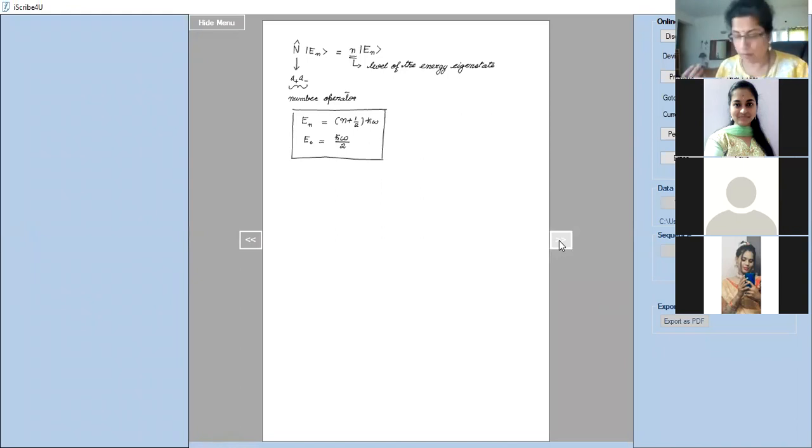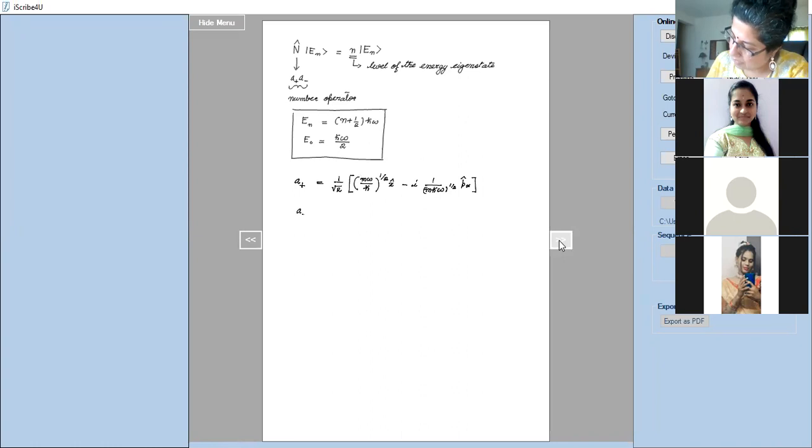How do you do it? Okay. So I want you to recall that your A plus is what? It is nothing but 1 upon root 2, and then what do you have over here? You have m omega by h cross to the power of half, and this is with x, and then you have minus i 1 upon m h cross omega power half px, right?